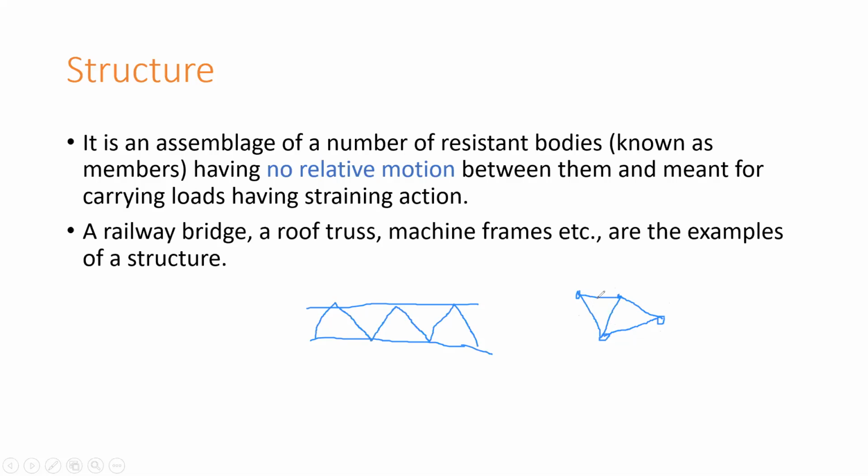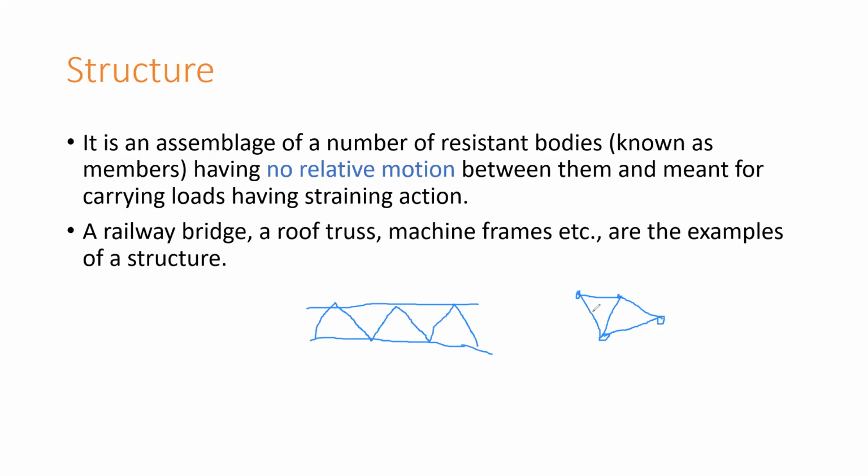So it is made up of different parts, and different parts of the structure do not have any relative motion, as happens in the case of a kinematic pair, where there is some relative motion between two parts. Here relative motion does not take place.